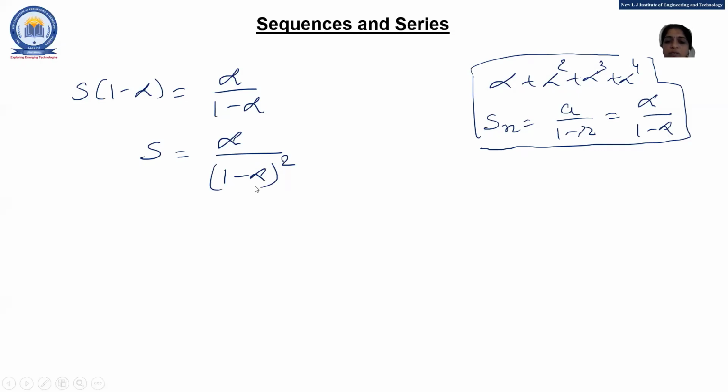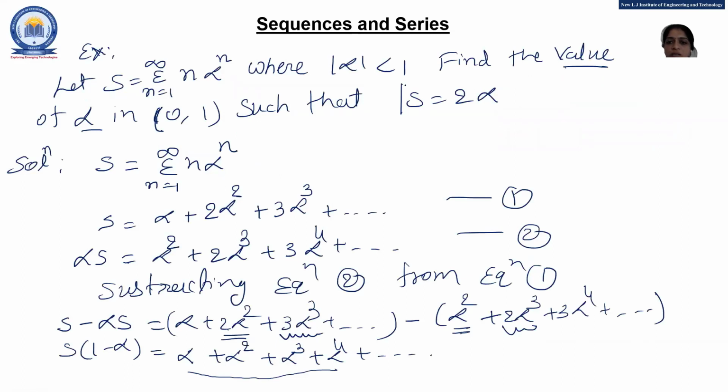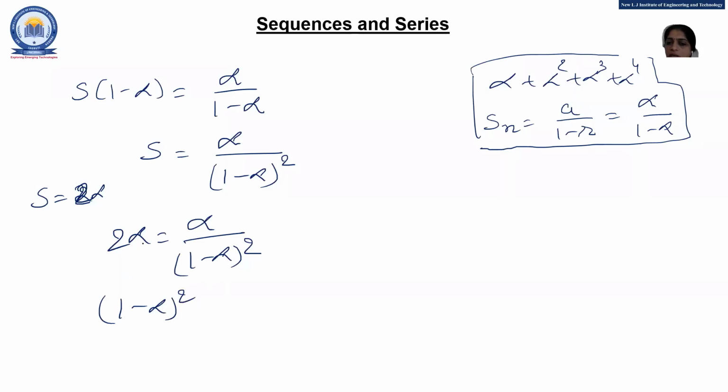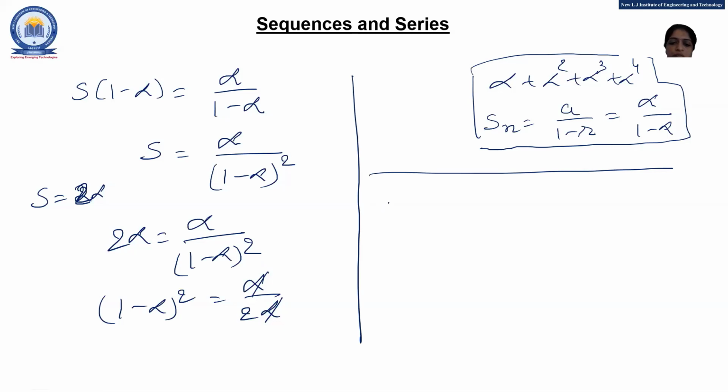Now we have been given a condition: S is 2 alpha. So if I put S equal to 2 alpha in the left hand side, then this is 2 alpha, this one is alpha, and here 1 minus alpha whole square. After simplification, 1 minus alpha whole square equals alpha upon 2 alpha, so both alphas cancel out, and 1 minus alpha whole square is just 1 by 2, right?